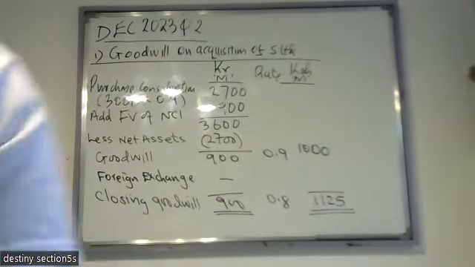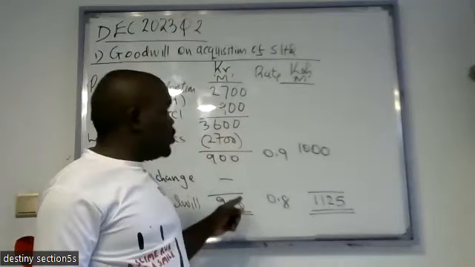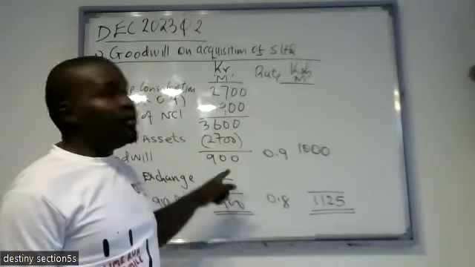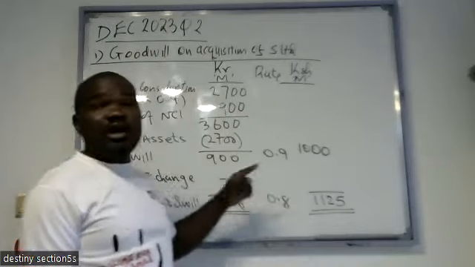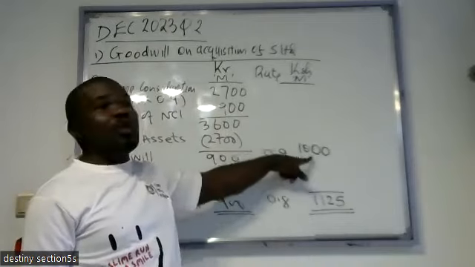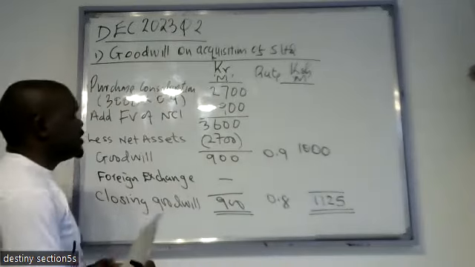So when we acquired a subsidiary, goodwill was 1,000. When we are closing, goodwill is 1,125. So the increase in goodwill from 1,000 to 1,125 is a foreign exchange gain.